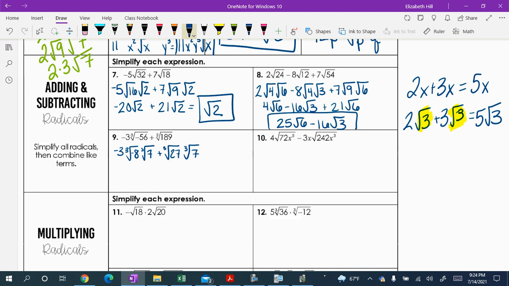Cube root of negative 8 is negative 2. Negative 2 times a negative 3 gives us a positive 6, so 6 cube roots of 7. The cube root of 27 is going to give us 3, so that's 3 cube roots of 7. So that's going to simplify for us to 9 cube roots of 7.